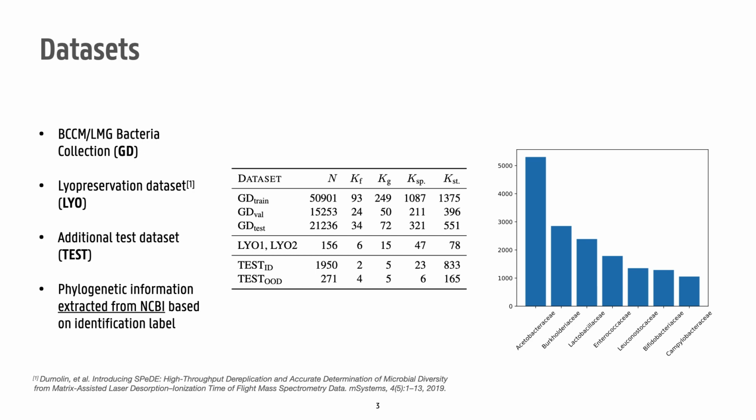Next, we used a publicly available dataset called the Lyopreservation dataset, where MALDI-TOF mass spectra were generated before and after lyophilization and subcultivation of strains. The last dataset contains MALDI-TOF mass spectra generated from isolates obtained in the recent microbial diversity project in which the bacterial and yeast fraction of a food sample was studied. For all spectra, we extracted phylogenetic information from NCBI based on the given identification label.